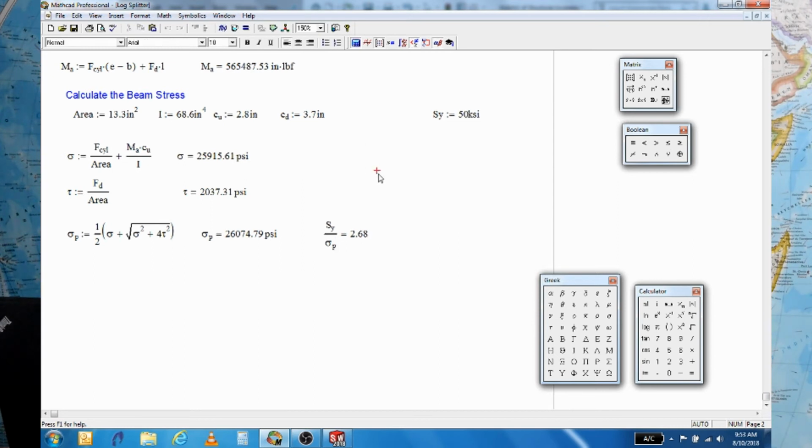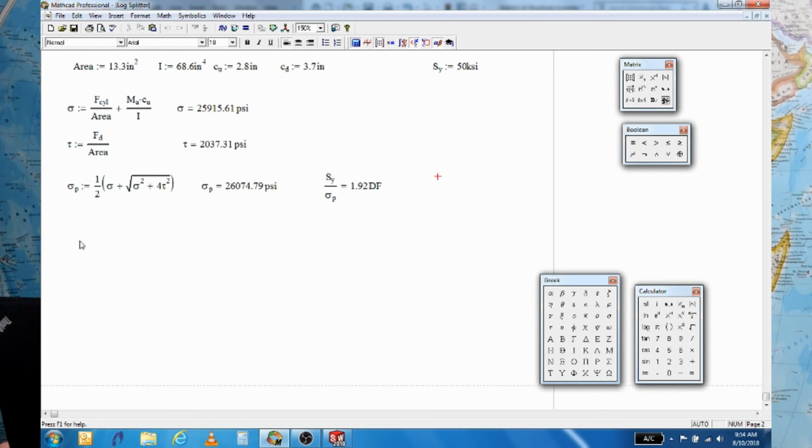That's interesting. That's SY and not S dot Y. There we go, 1.92. I'll put DF in there for design factor. I like to look for those DFs when I'm coming back through to check stuff.